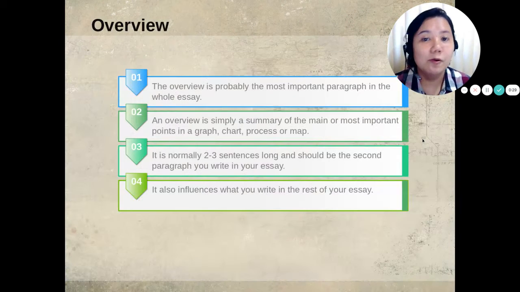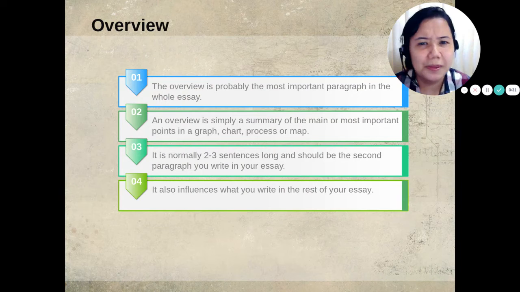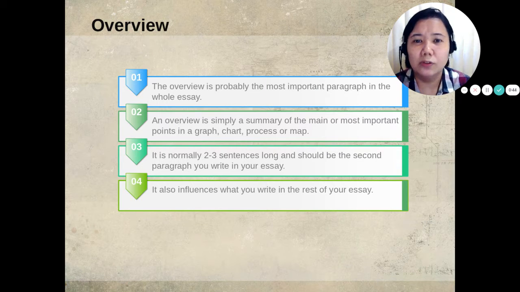All right, so an overview. An overview is probably the most important paragraph in the whole essay. In fact, as we will see later on in the video, it is very difficult to score a 7 or even higher, or even get a good score, if we don't have a good one. An overview is simply a summary of the main or most important points in a graph, chart, process, or map.